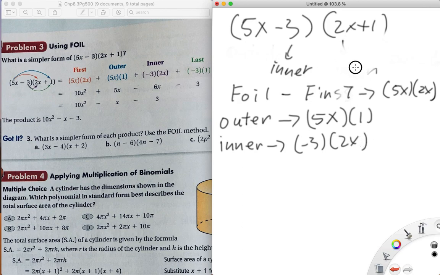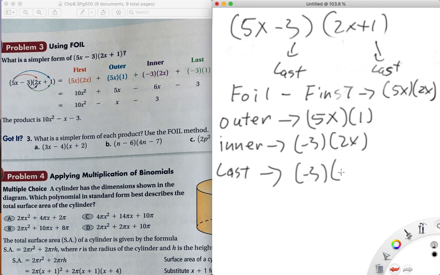And then we have last. So if this is the first, then this would be considered the second or the last. So that would be my last. This would also be my last. And I can multiply these guys. And that's going to be negative 3 times 1. First, outer, inner, last. FOIL.